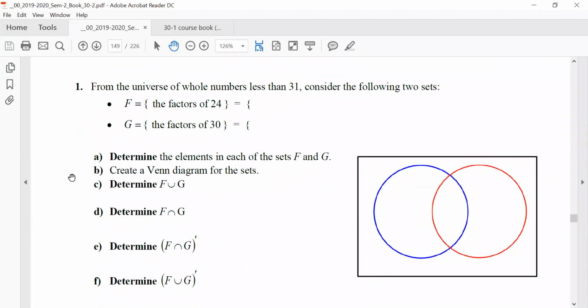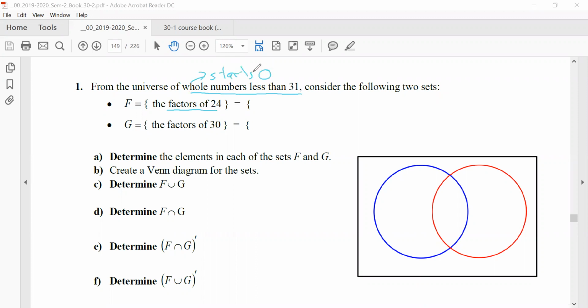Now, here we go. We've got an actual question with a couple of clearly defined sets. So I always want to know what I'm working with. So the universe is whole numbers less than 31. So the factors of 24. So remember, there's a lot of definitions in this unit. So factors of 24, those are the numbers that divide into 24. Whole number, remember, starts at 0.